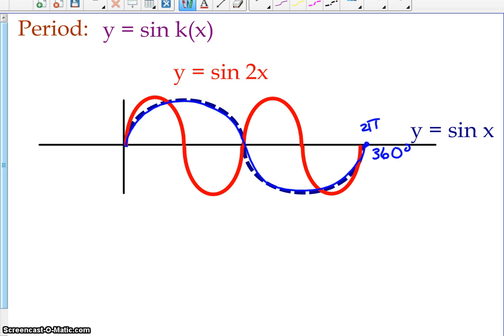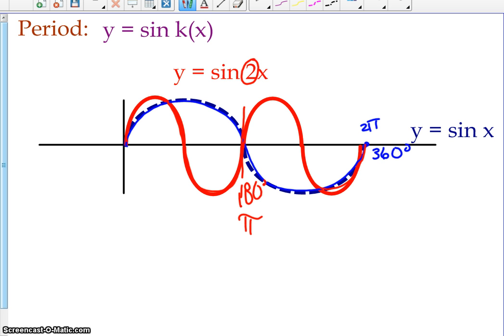Now this one here in red is saying I want 2 cycles in the usual space where there's 1. So it would be the same amplitude, but now we have 2 cycles. The period actually would be 180 degrees, or pi if it was in radians.